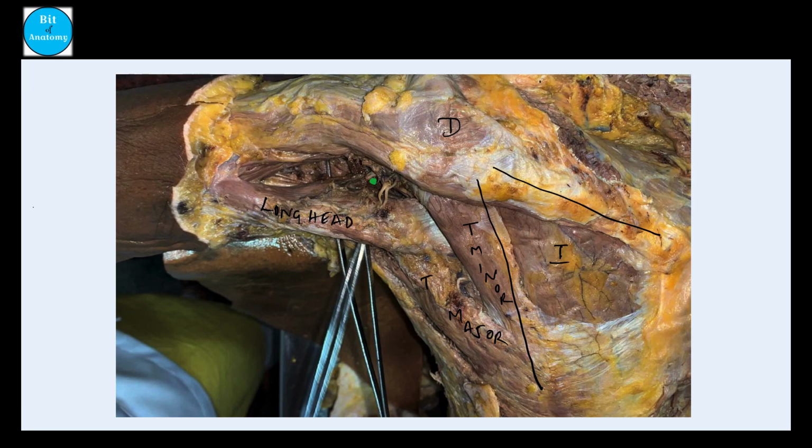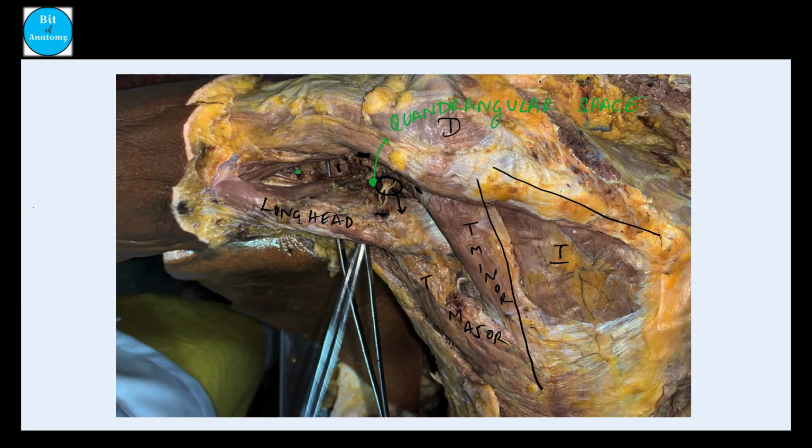This is the first space in this region, the quadrangular space, which is bounded by teres minor on one side, teres major on the other side, the long head of triceps and also the surgical neck of the humerus. We can already see a few structures there, a few of the branches of the axillary nerve and also the posterior circumflex humeral vessels.